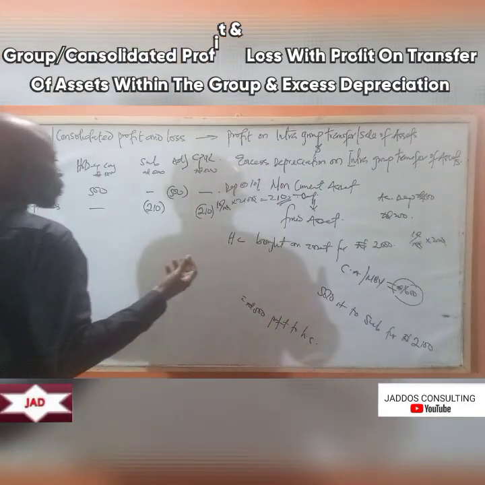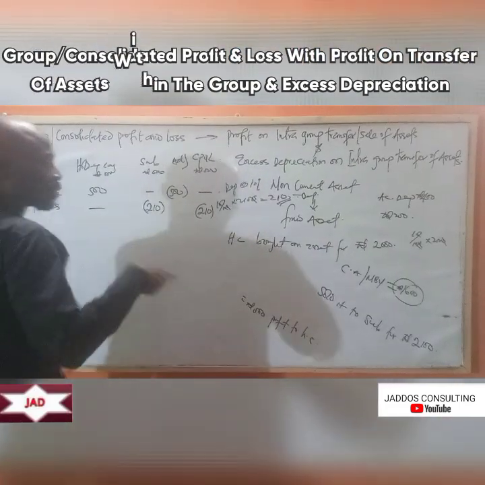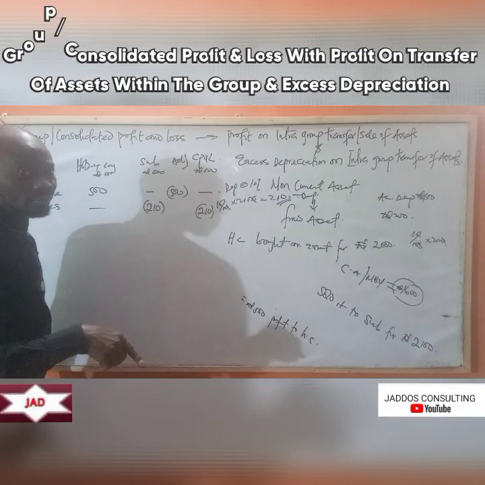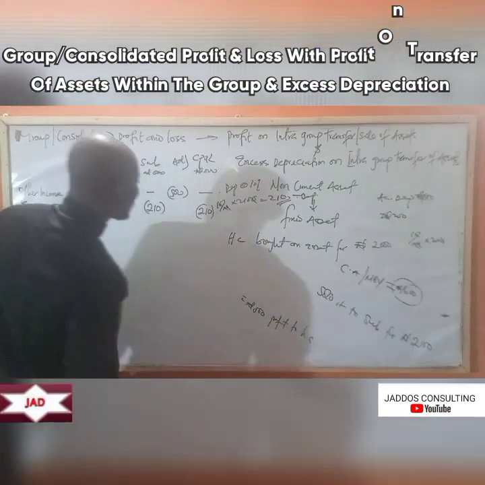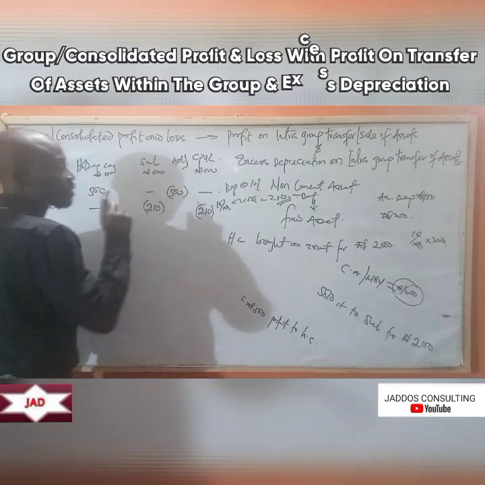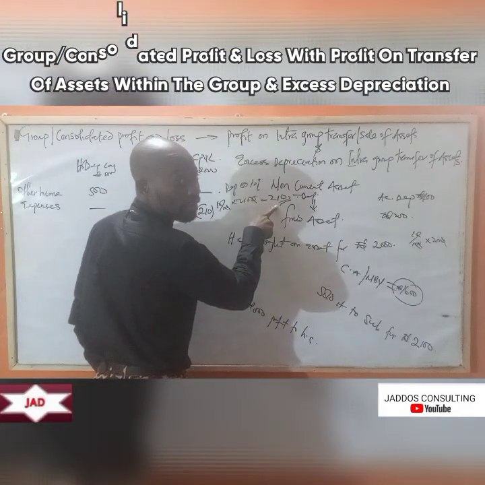So what do we do? We have to eliminate the excess depreciation. The excess depreciation is 10 naira, because the subsidiary has used 210.